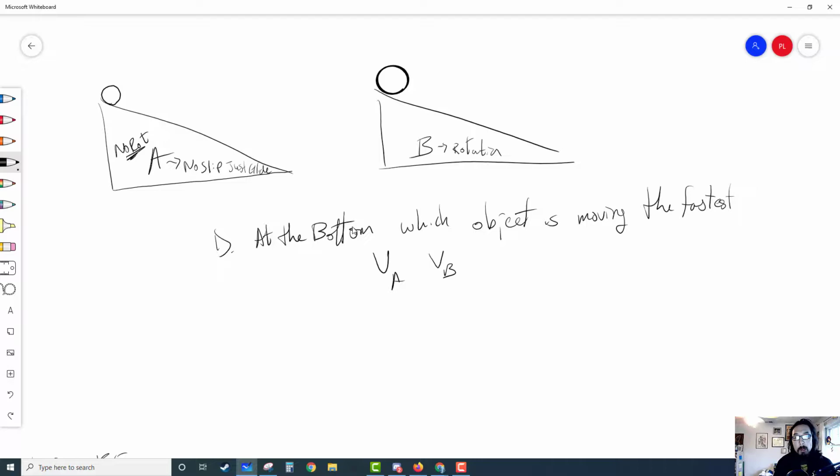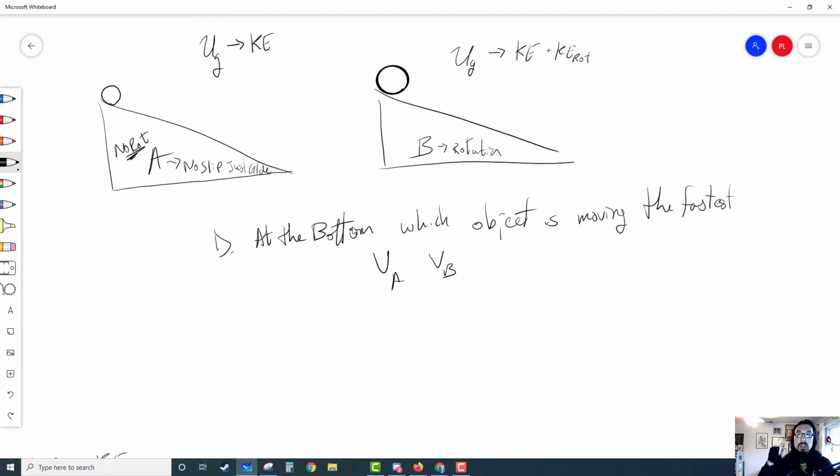So the way that we could solve this in scenario A, we can say that all of the gravitational potential energy turns into kinetic energy, the translational. But for scenario B, all of the gravitational potential energy turns into both forms of energy. So kinetic energy translational plus kinetic energy rotational. So some of the energy is going into making this object spin, and that is the key here.